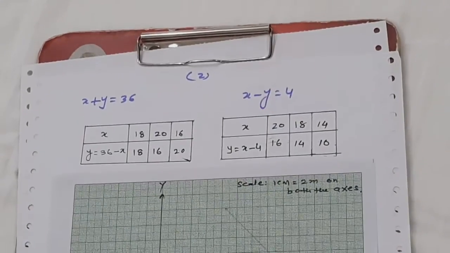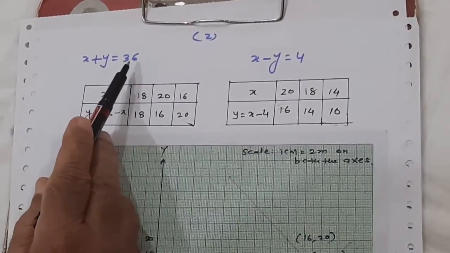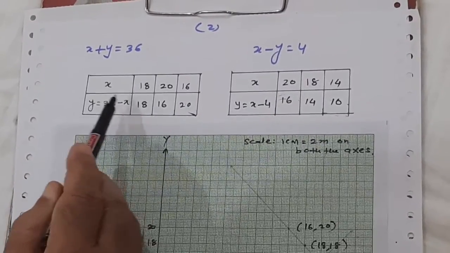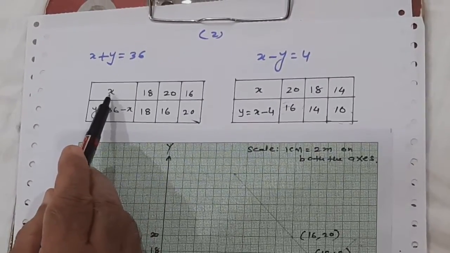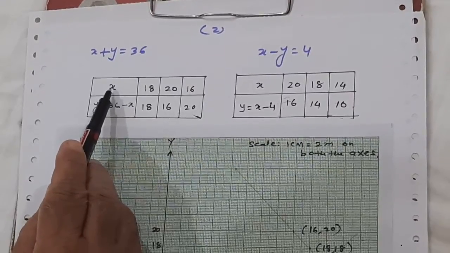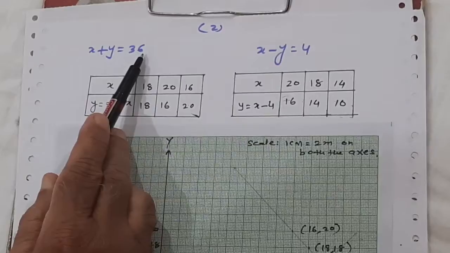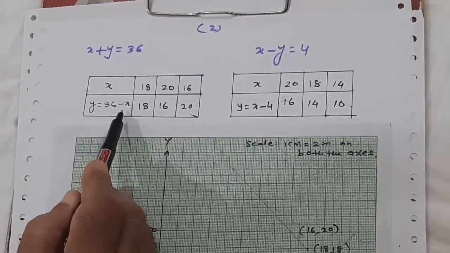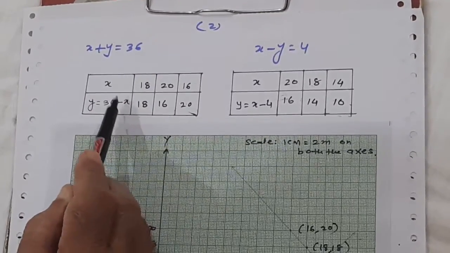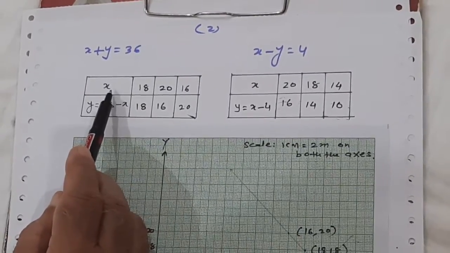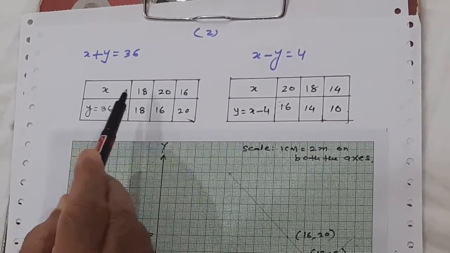Now x plus y is equal to 36 and we have to make the table. In the table, we have taken x here and y is equal to, obviously x will be taken to the right hand side, that will be 36 minus x. Now you take any value of x in your mind and write here.